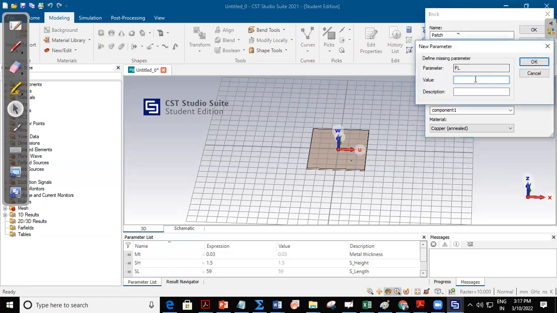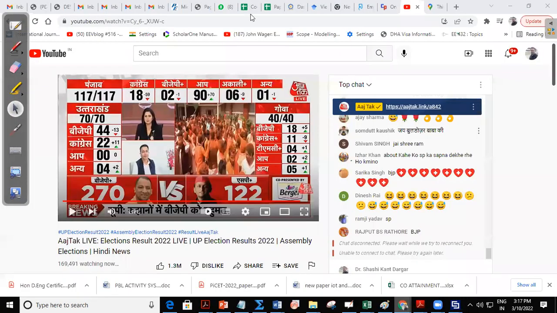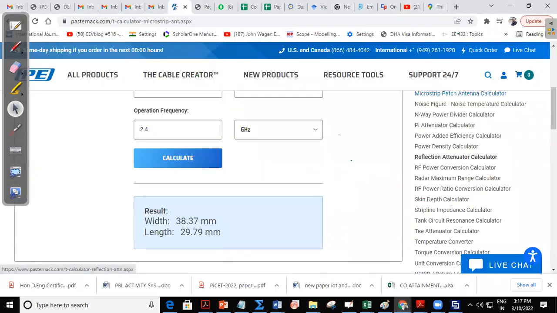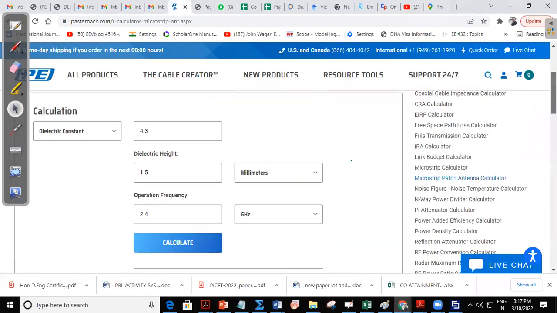Preview, it is asking for PL. Now here, if you see, there is a link which you can find on Google. We have a structure, which means that based on the dielectric substrate, only the length and width of the patch depend. Here I opened a microstrip antenna calculator. It depends on this formula.